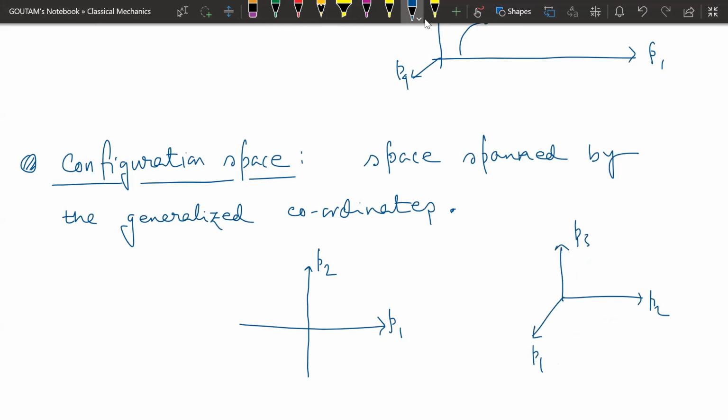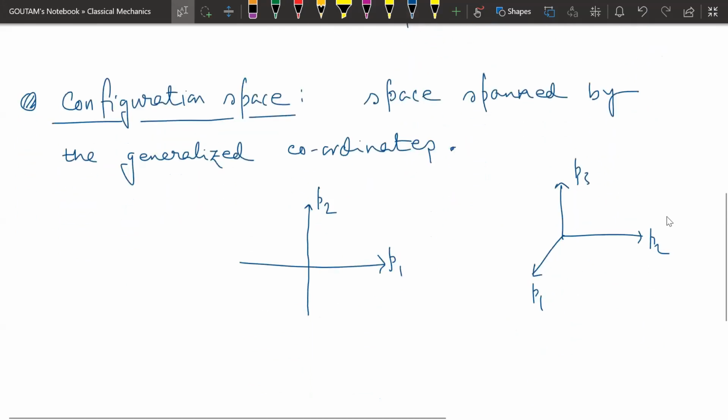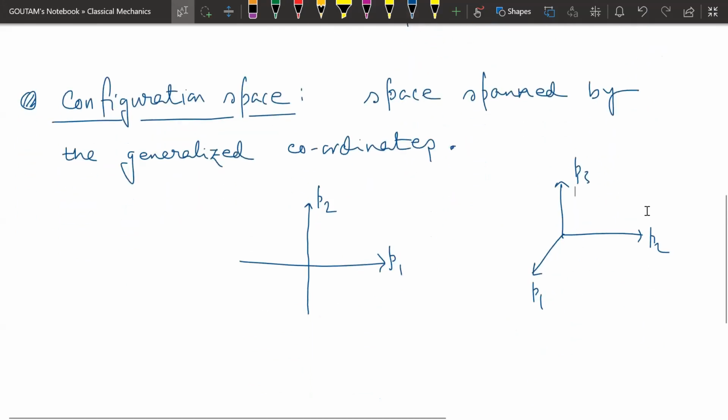But beyond that, we cannot really draw in this plane. So a configuration space is a space which is spanned by the generalized coordinates. This is not the usual 3D space, because generalized coordinates are not necessarily Cartesian coordinates. The 3D space you can easily visualize with Cartesian coordinates.